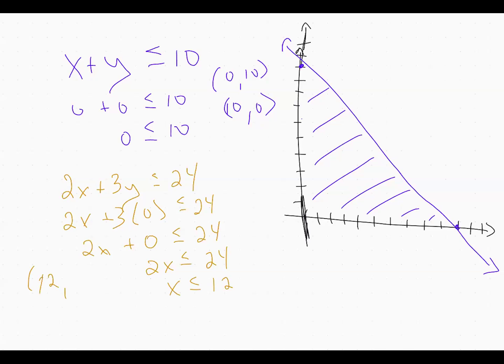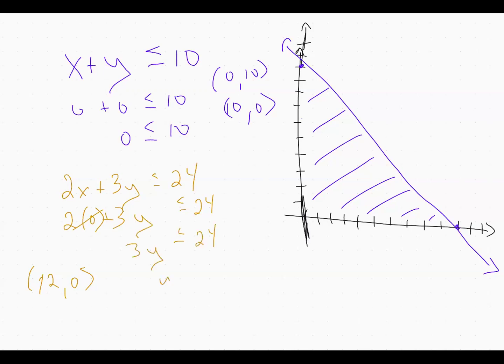I do this again, except this time I'm plugging in 0 for the x. Well, 2 times 0 is 0. So I end up with 3y. Divide by 3, and we get, so my 2 points are 0, 8, and 12, 0.